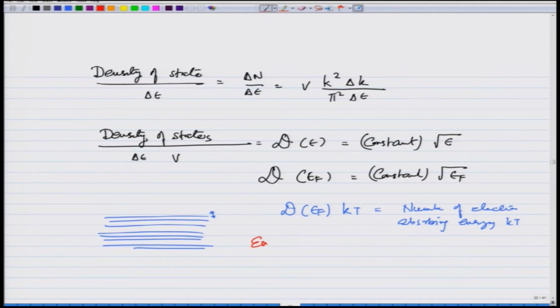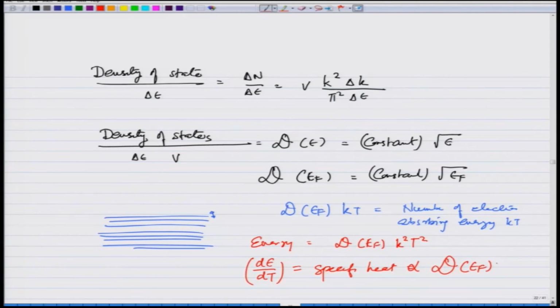So, the energy itself will be epsilon f, g of epsilon f, times k square T square, and you can see then dE by dT, which is the specific heat, is going to be proportional to the density of states at the Fermi level times T. So, the specific heat of electrons increases linearly with temperature, and it depends crucially on the density of states at the Fermi level.